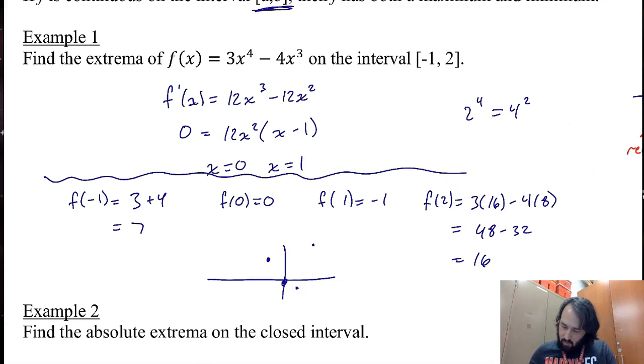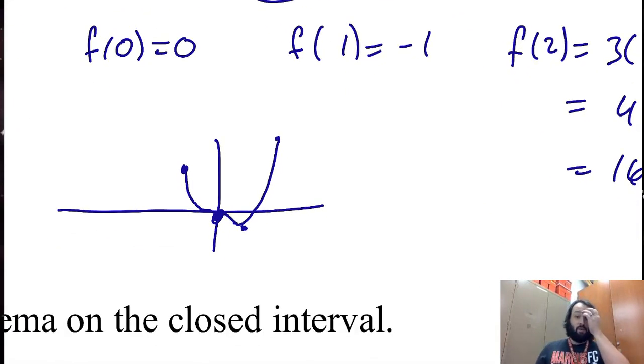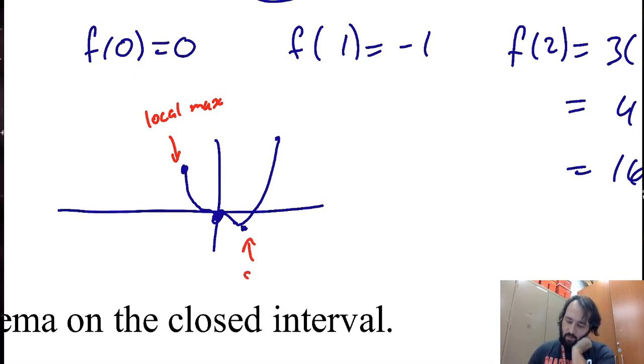So maybe that part in the middle isn't actually an extrema at all, right? If I'm thinking about my graph, it had to go through here, and this would be a local max. This would be nothing in the middle. This is a global min, or an absolute min.